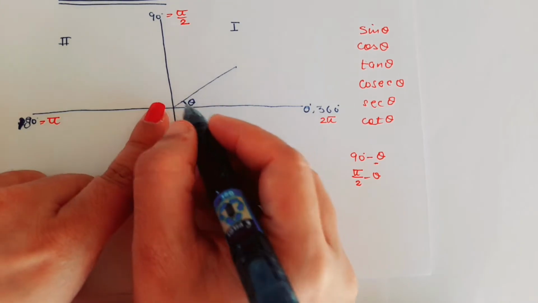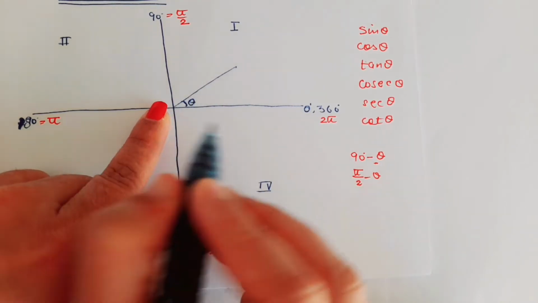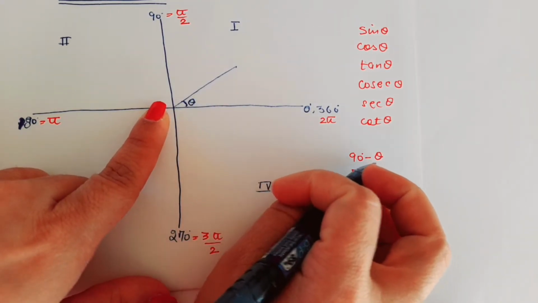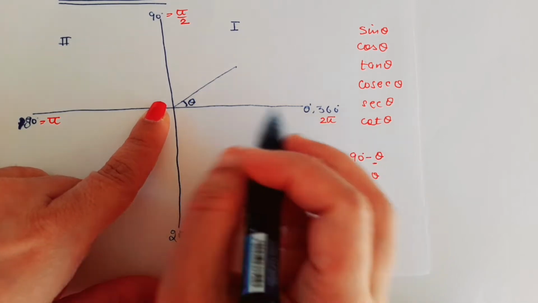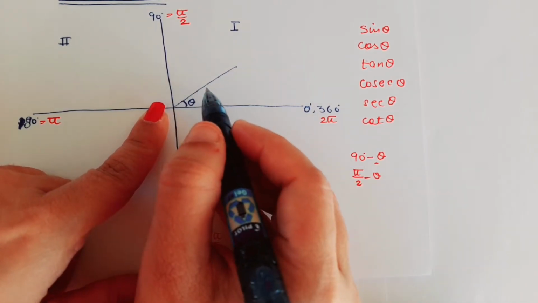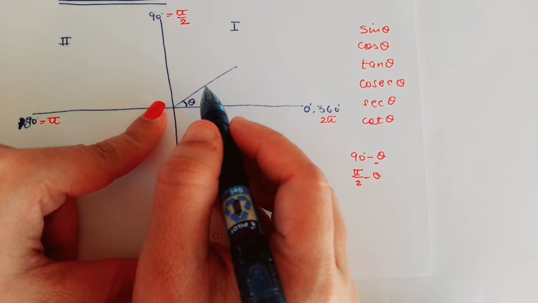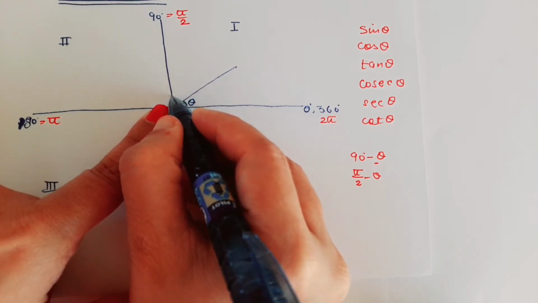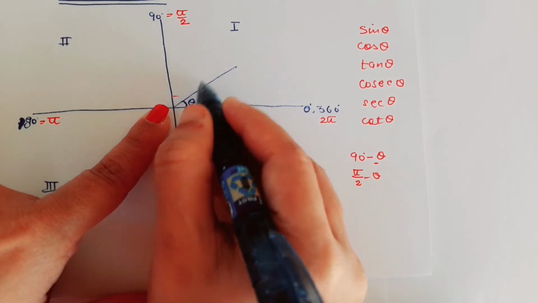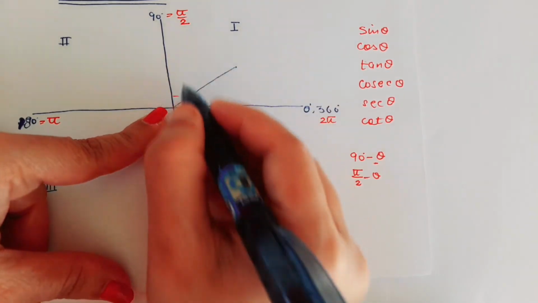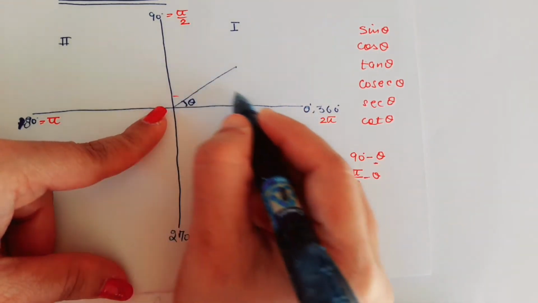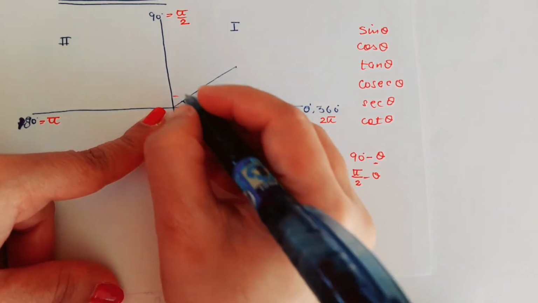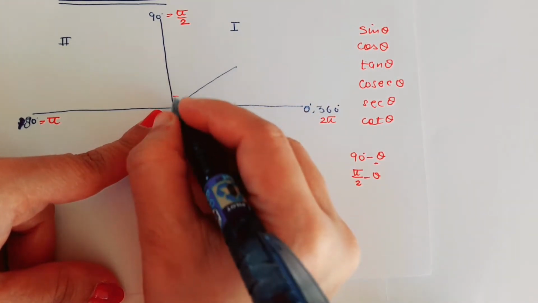That angle will lie somewhere here, because we are subtracting theta from 90, where theta is an acute angle. So 90 minus theta will be somewhere here in the first quadrant.